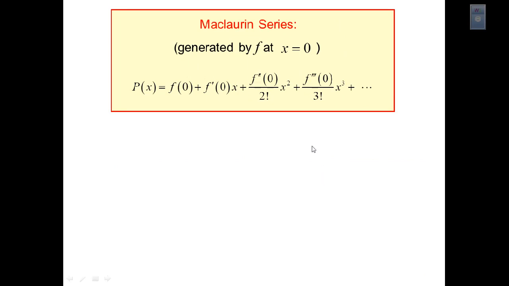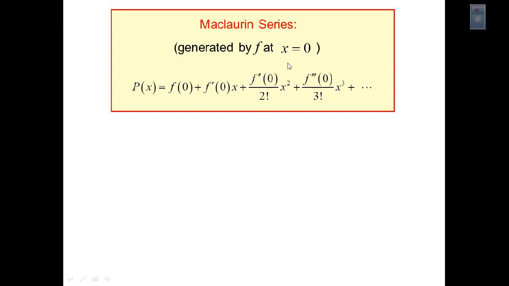All right, and this pattern is called a Maclaurin series. A Maclaurin series is a polynomial approximation of a function generated at x equals 0. You will never have a Maclaurin series that's generated anywhere except for x equals 0. So if they say they want you to generate a Maclaurin series, they don't have to say x equals 0.